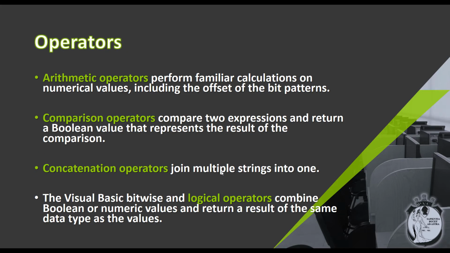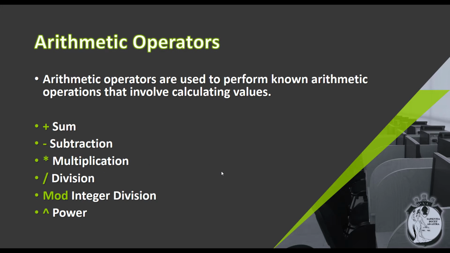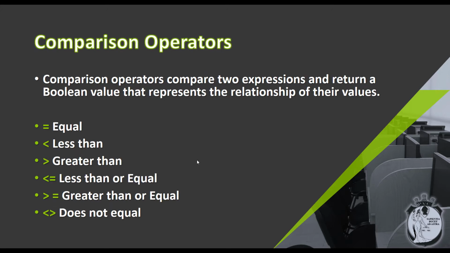Operators of Visual Basic. You need to know that Basic uses arithmetic operators, comparison operators, and concatenation operators. The arithmetic operators are sum, subtraction, multiplication, division, integer division, and power. It is very similar to algorithms.